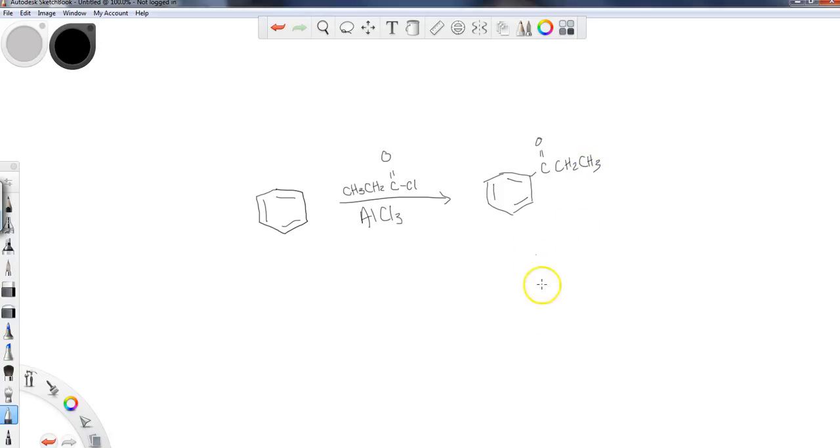Okay. One point that I should mention here that a lot of people come across when they have these sorts of lessons, if you've seen the acylation in class or anything like that, is that you can take these and you can reduce these compounds down.